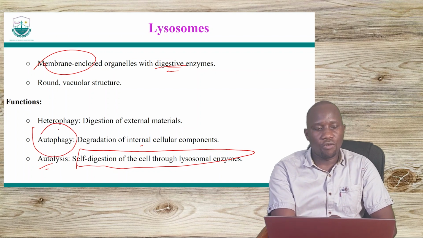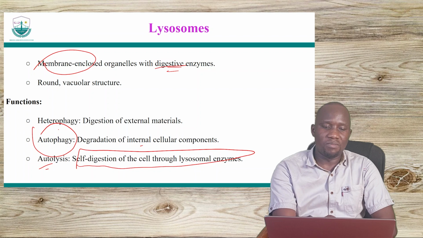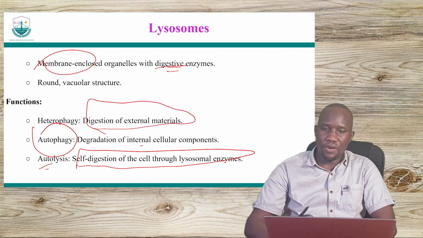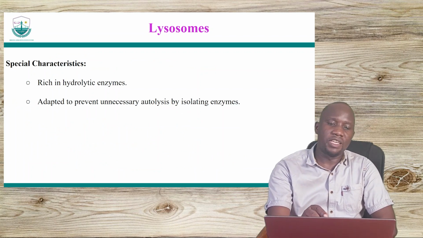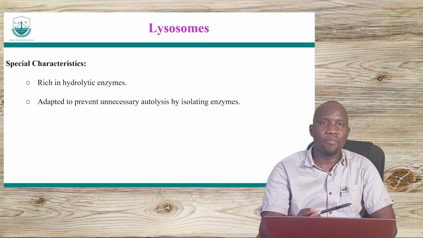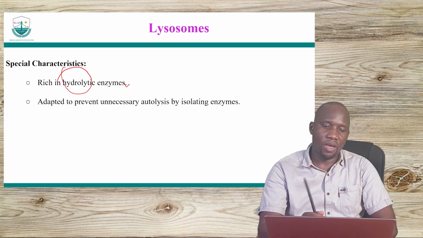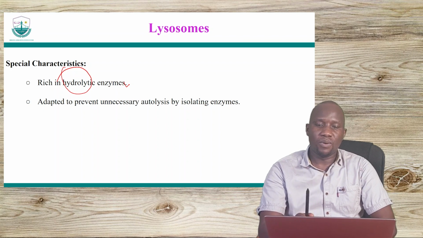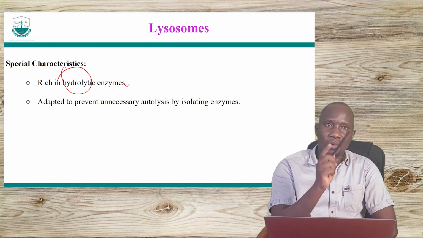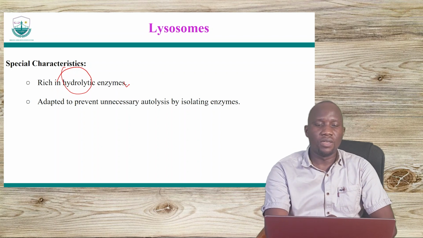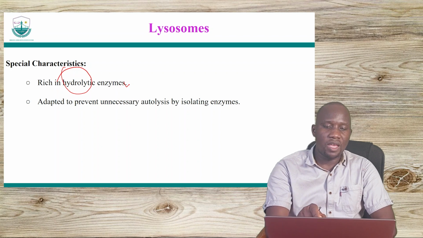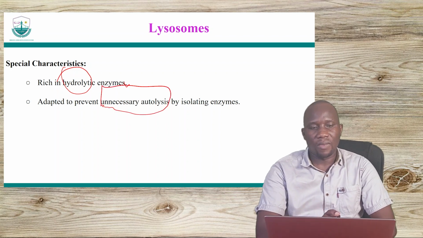Heterophagy is when these enzymes digest external material. Lysosomes are very rich in these digestive enzymes, which we can also call hydrolytic enzymes. They have to be kept in position so as not to digest any cell anyhow, which is why the cell-to-cell recognition we talked about is very important, so that you don't have unnecessary autolysis happening.